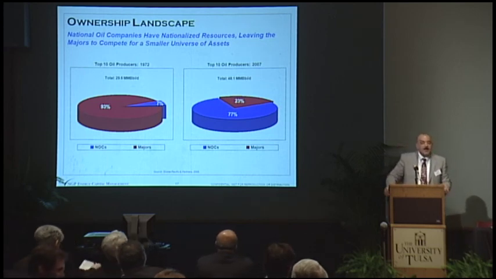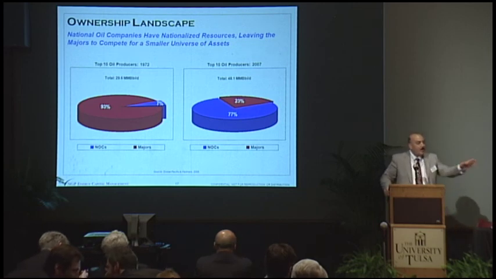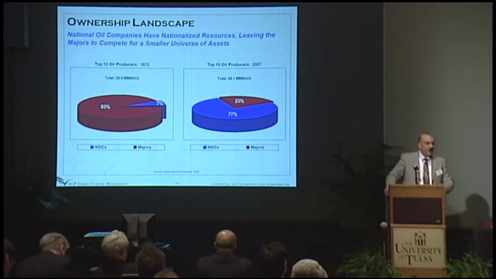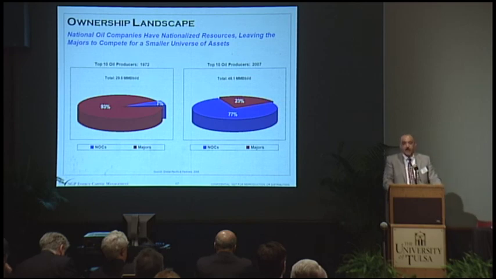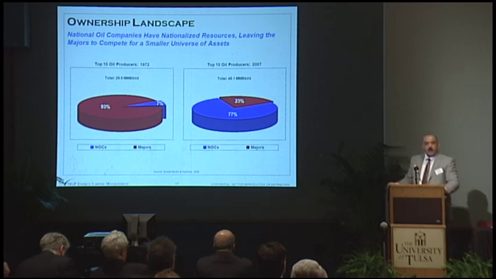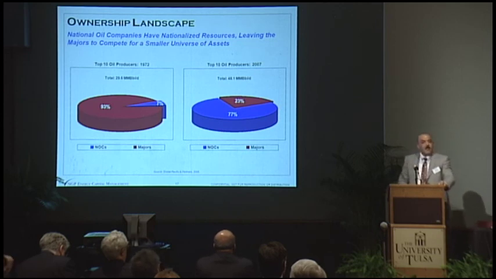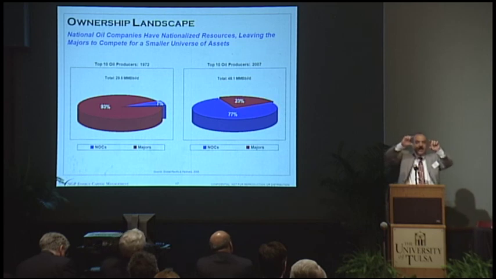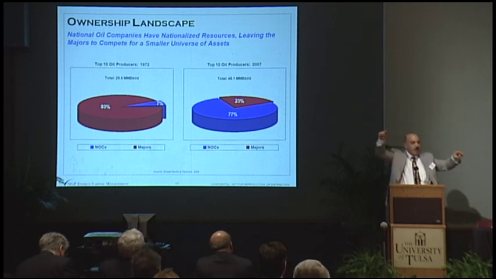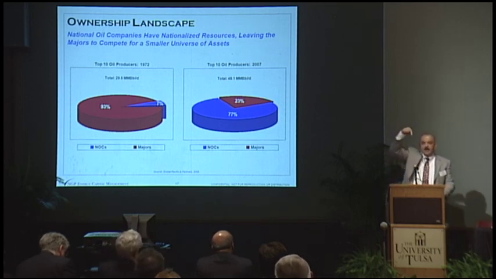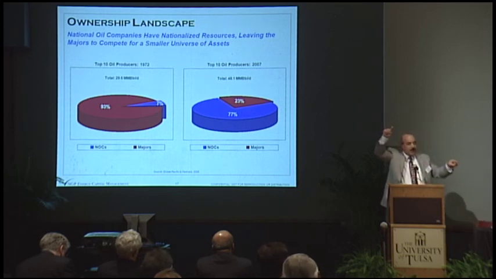But the bad side is it does not grow with demand. And since most of the cheap reserves are controlled by the national oil companies, the national oil companies are not increasing supply all the time in a way that meets the growth in demand, whether discrete or continuous.